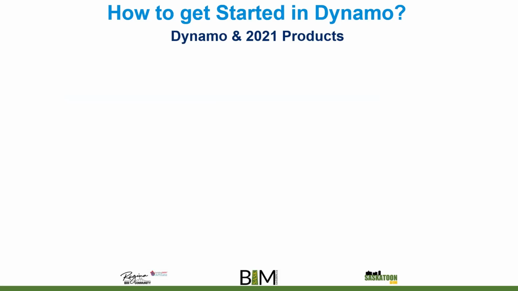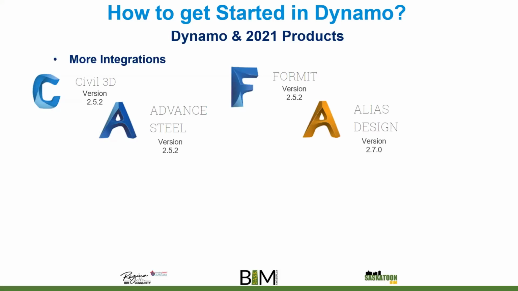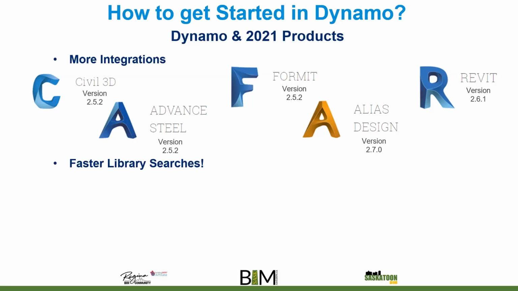And of course, we talked about how now Dynamo isn't just Revit. So now we see that we work with Civil 3D, Advanced Steel, Formit, and it's technically Formit Pro, Alias Design, and Revit. You can also see different versions of Dynamo sit inside of each one. So a lot to keep track of.